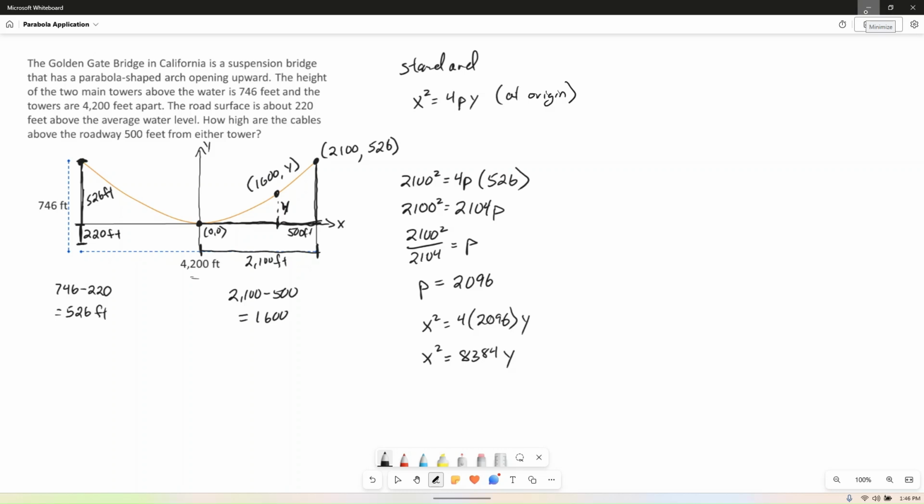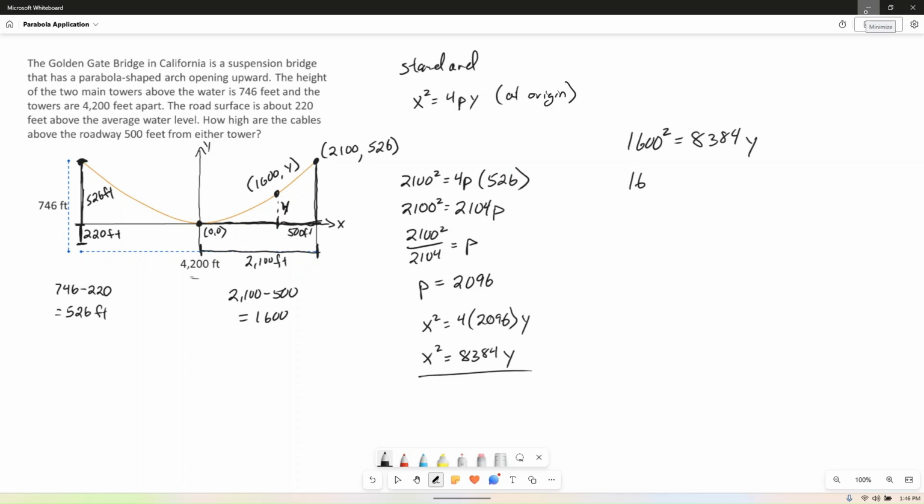So we're going to take my general equation, which was x squared equals 8,384y, and I'm going to plug 1,600 in for x. So we're going to have 1,600 squared equal to 8,384 times y. I'm not going to work that 1,600 squared out.